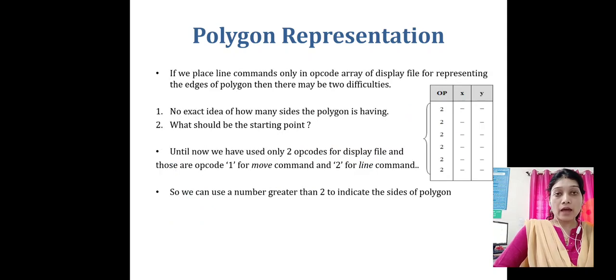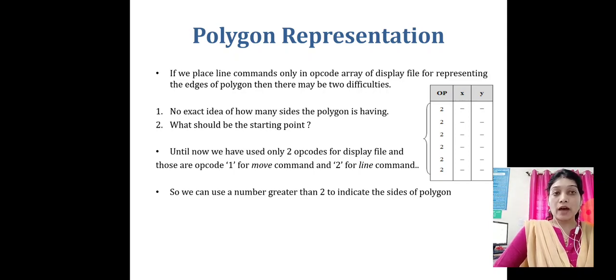But whenever I want to represent a polygon using this display file, how do we have to represent it? If we place only the line command in the opcode array of the display file for representing the edges of a polygon, then there may be two difficulties. The first difficulty is that we do not have an exact idea of how many sides the polygon will have.